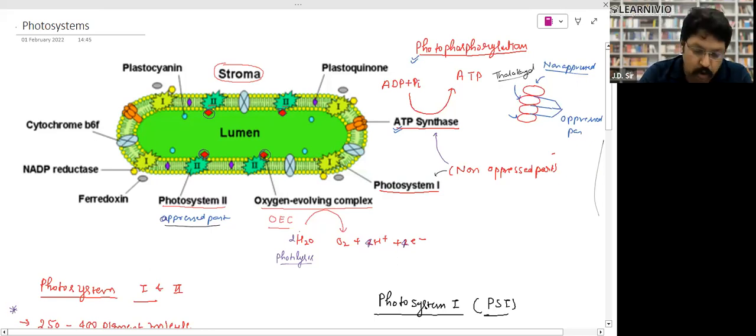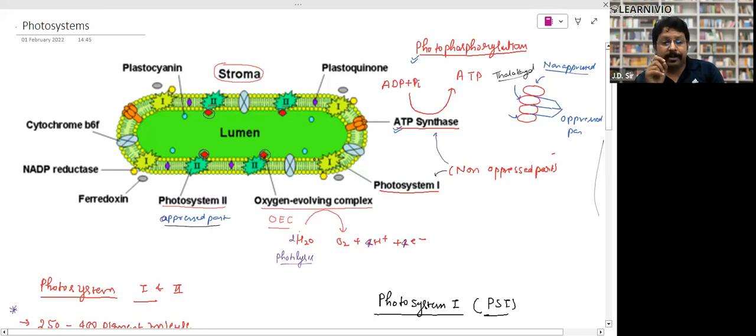Non-appressed part contains ATP synthase enzyme, which is responsible for formation of ATP from ADP.